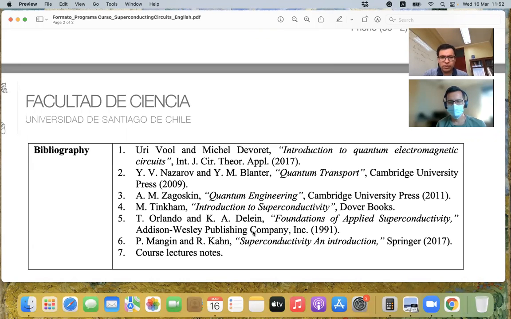Of course, there is also the famous Tinkham, Introduction to Superconductivity, which is a very nice book as well. It is very technical, I would say, but at least you have many references therein. And you can also get some physical intuition reading the chapters.